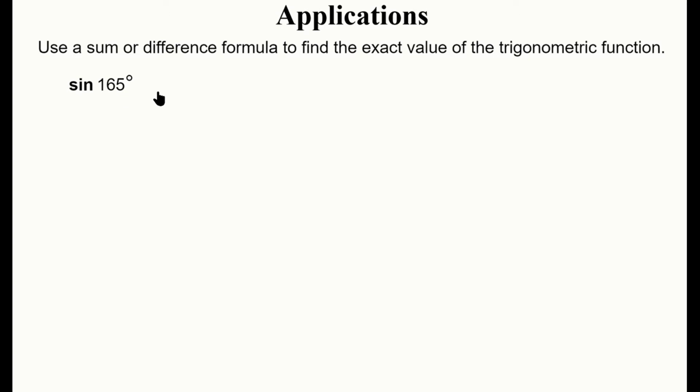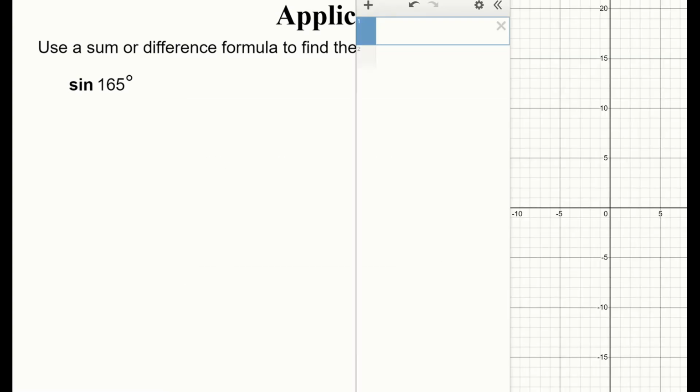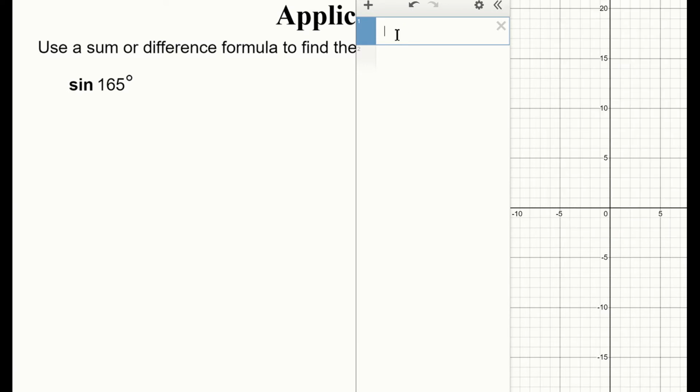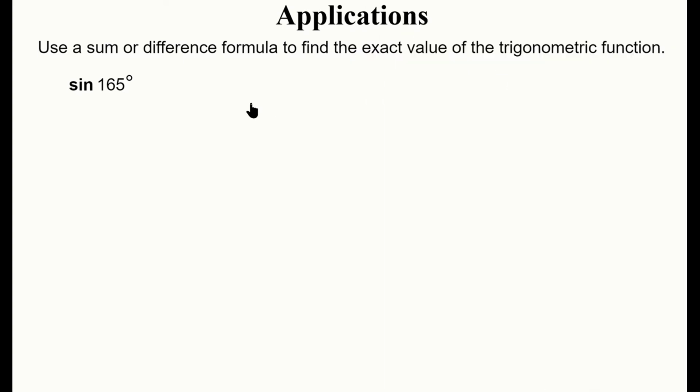As we discovered in the previous video, a calculator won't help us with that at all, because if you type that into a calculator, such as Desmos, after making sure that it's in degree mode, you'll type in sine of 165, and of course we end up with something that is not exact. So we're going to go ahead and use one of our identities, which is the whole point of this exercise.